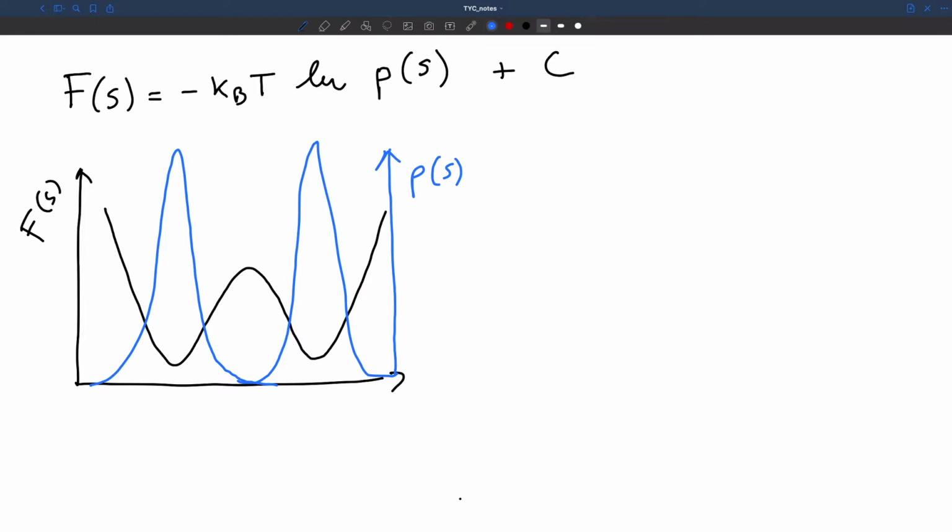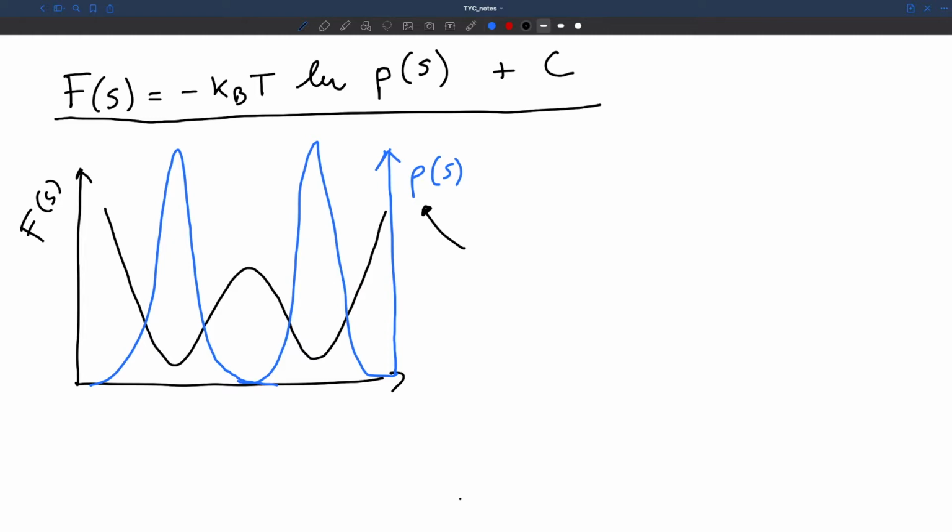Now the sampling allows us to reconstruct and estimate this probability density. We can then invert this probability density using this expression.